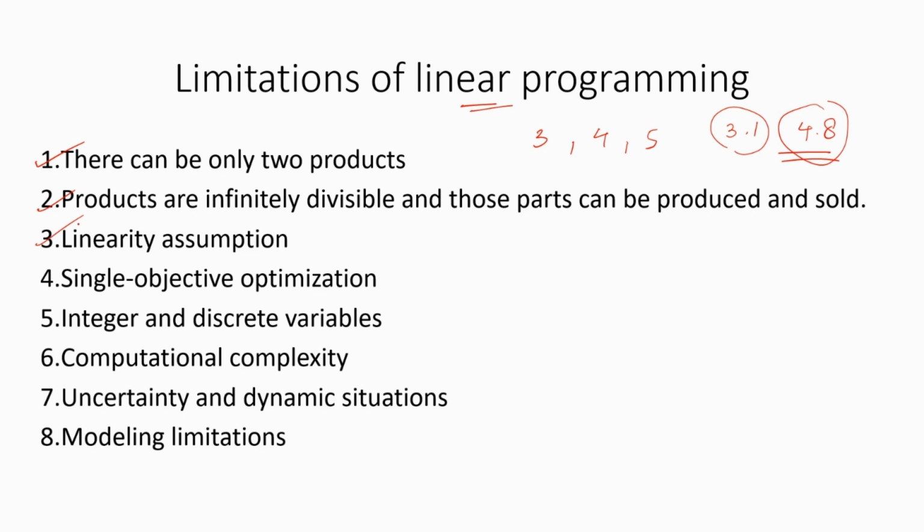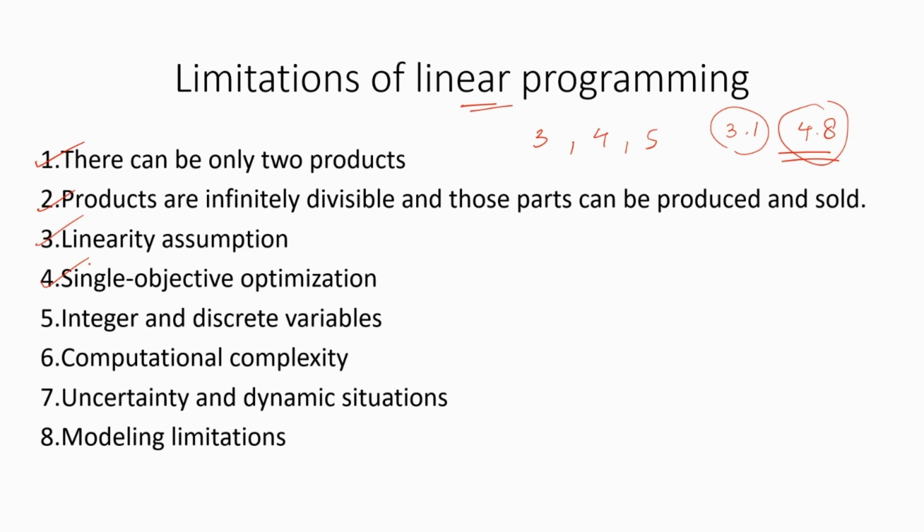Linearity assumption. Linear programming assumes that the relationships between variables and constraints are linear. This means that the objective function and constraints must be expressed as linear equations or inequalities. Real world problems often involve nonlinear relationships, and linear programming may not accurately capture those complexities.